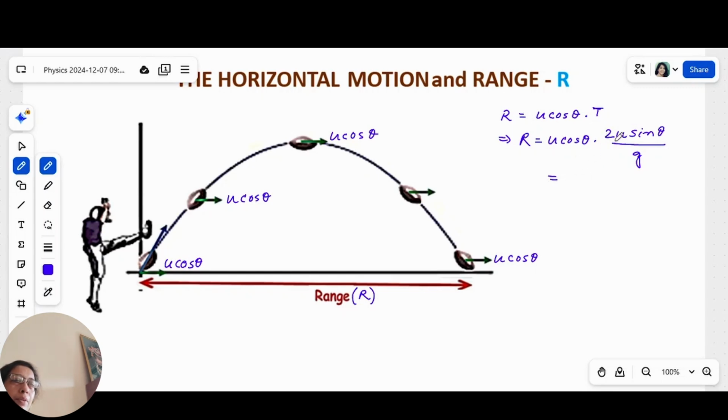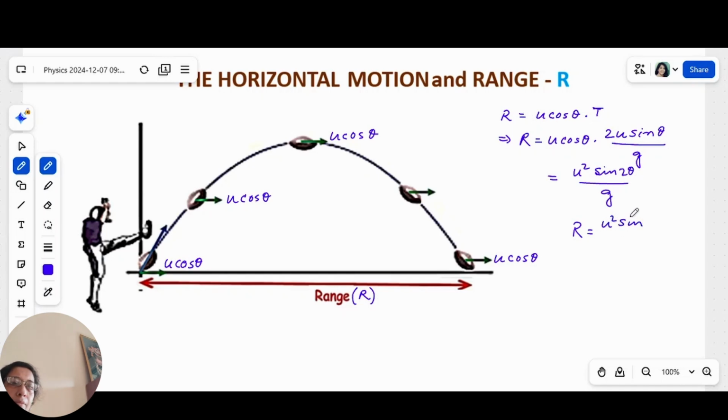Now the result reduces to, since 2 sin theta cos theta is sin 2 theta, so it is u square sin 2 theta by g. So this is your formula for the horizontal distance traveled.